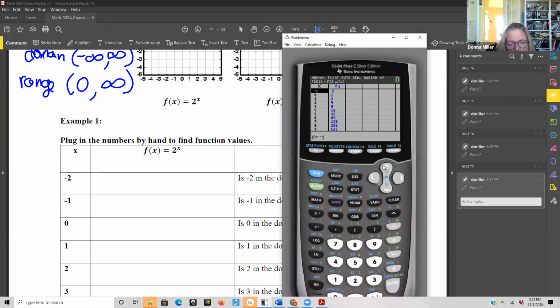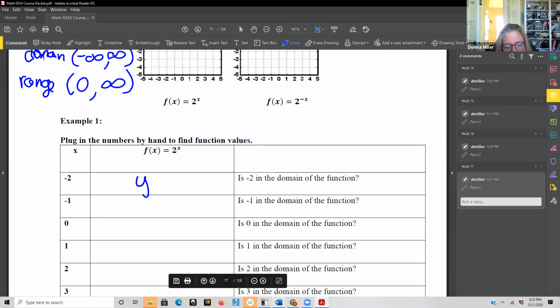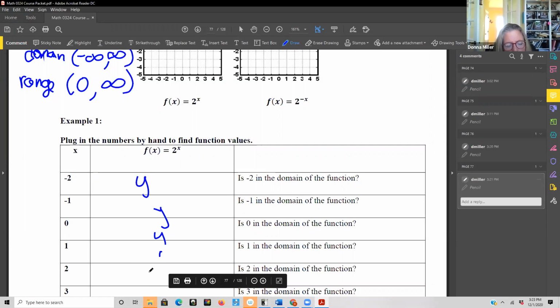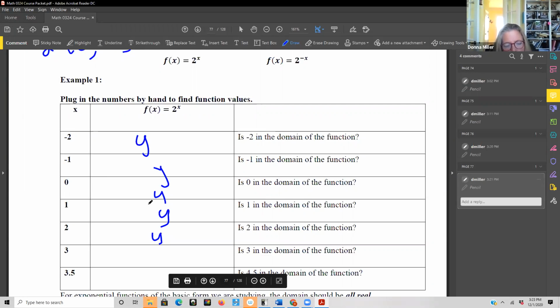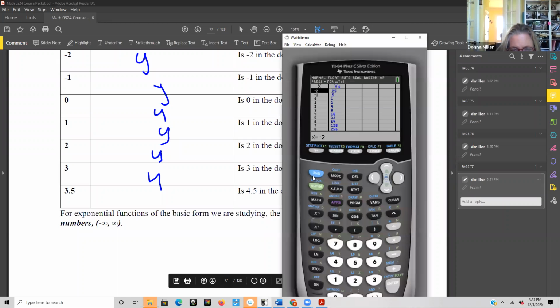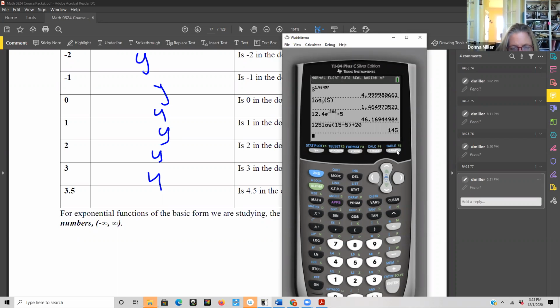If I look at -2, there's a value. It's 0.25. Look at -1, 0, 1, 2, 3. You see there's values all the way through. So they're all in the domain, because they have values. The domain is all real numbers, so it's no shocker. 4.5, you could do it this way. You could graph it. You can see there's a value there, but if you're not sure, second trace.